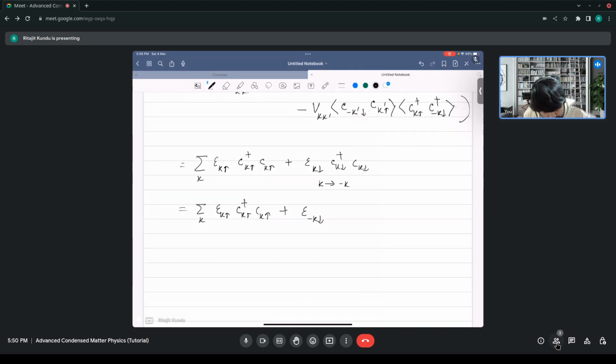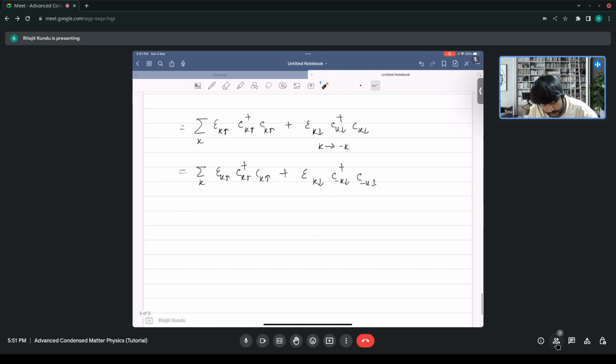It becomes epsilon minus k, c minus k down dagger and c minus k down. Because I'm using a quadratic band dispersion, minus k is the same as k, so I'll just write it as epsilon k for spin down. I've just removed the minus sign from here.